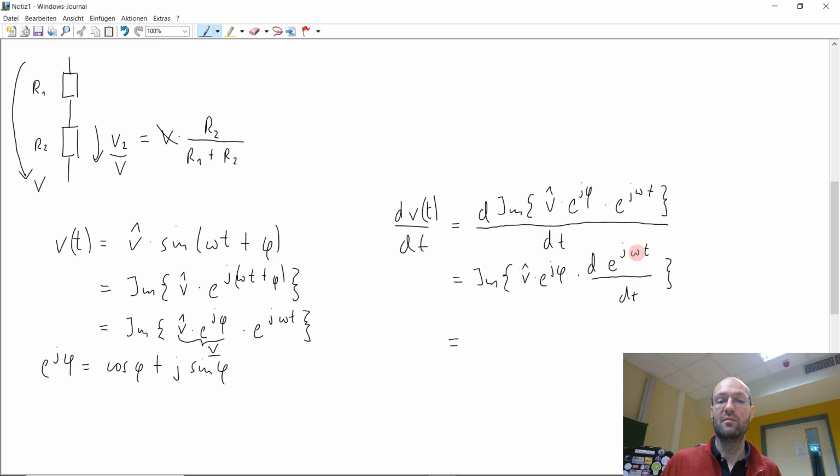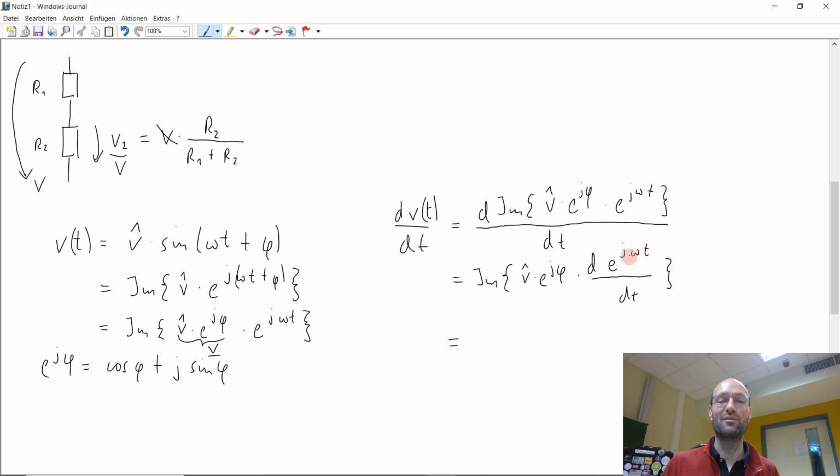What is the time derivative of this complex exponential function? The derivative of an exponential function is the exponential function itself, but it's not e to the power of t, it's e to the j omega t.